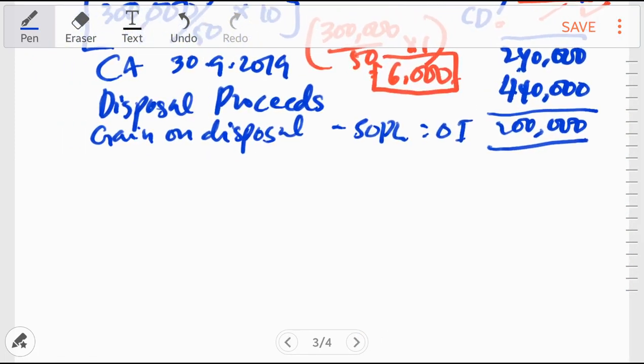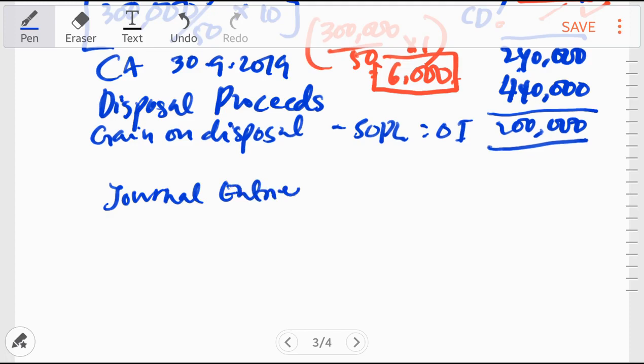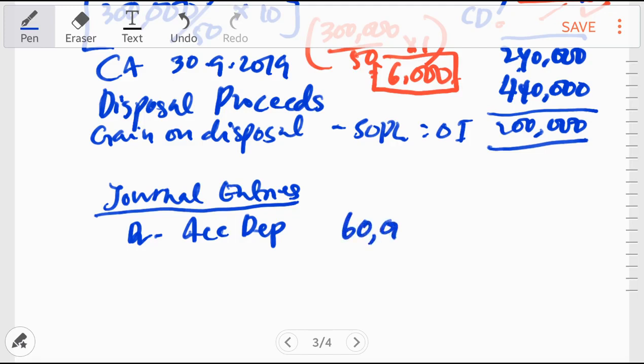If you were to do the journal entry, this is just some extra answer that I want you to know. The journal entry would be: debit accumulated depreciation, 60,000 from the workings that you have up there.